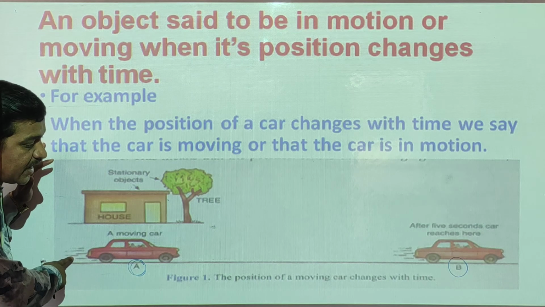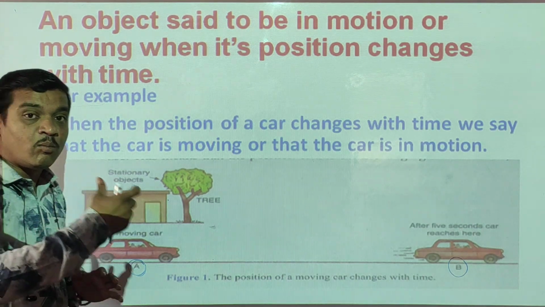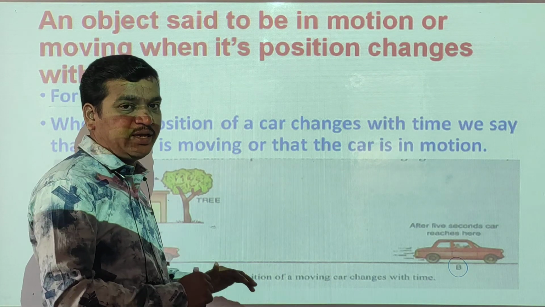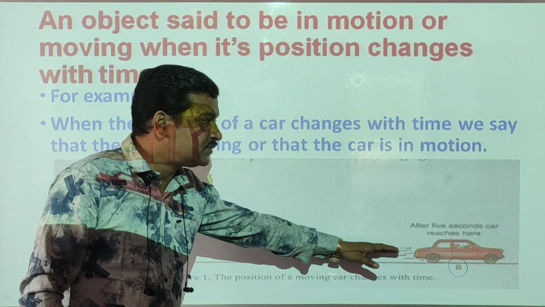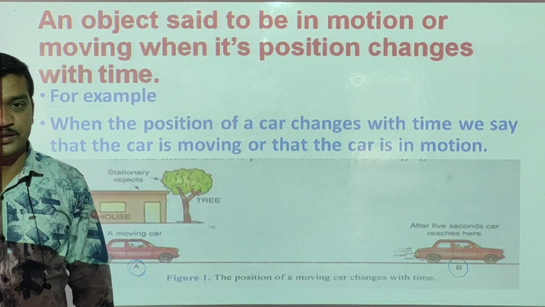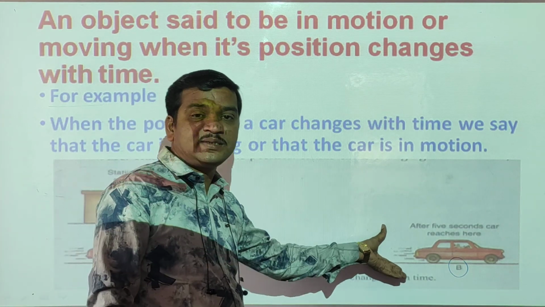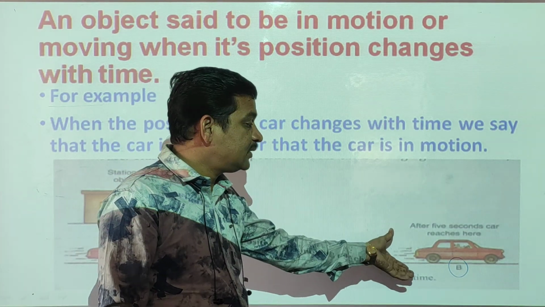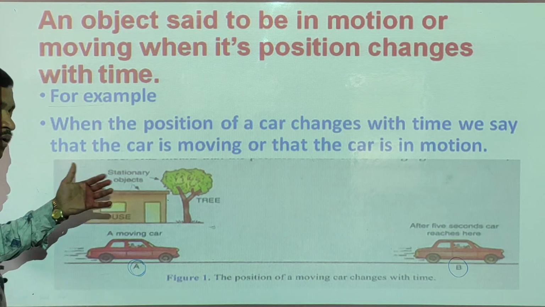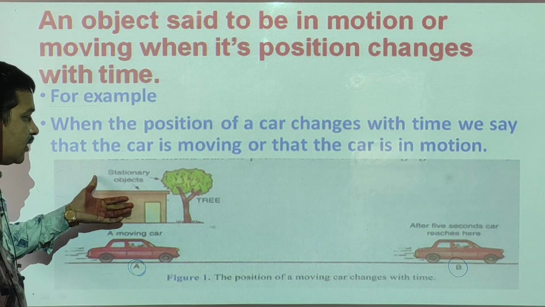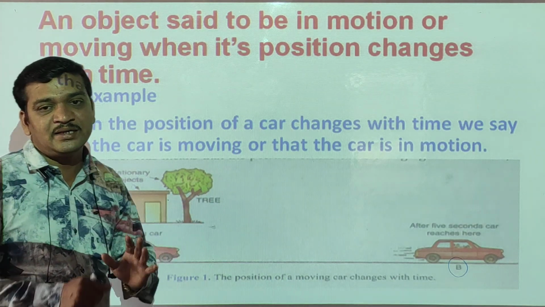So here we can say that the car is in motion. That's why the car covered some distance with respect to time. Within a few seconds, the car travels some distance, and this car is quite far away from the house and tree.